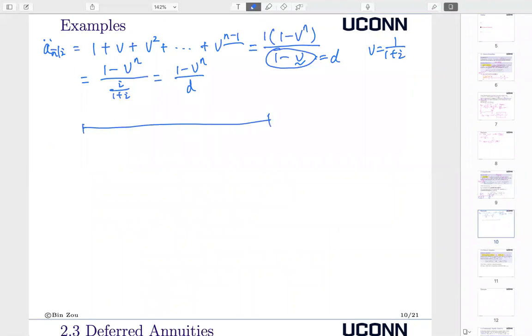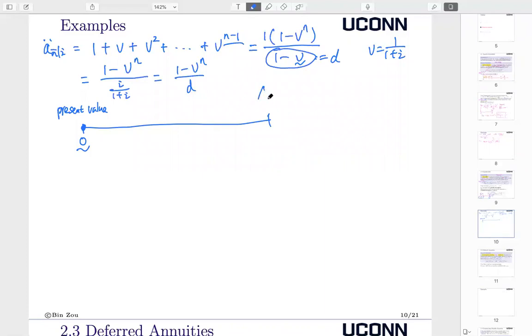It doesn't matter whether we consider annuity immediate or annuity due. Whenever we talk about present value, it's at time 0. Okay, it's not at time 1, even if it is annuity due. Even for both annuity immediate and annuity due, whenever we talk about the present value, it's going to be the value at time 0.